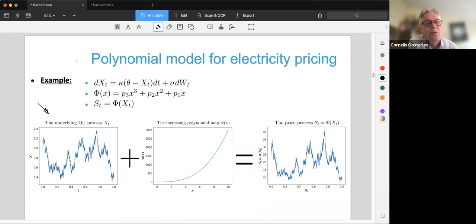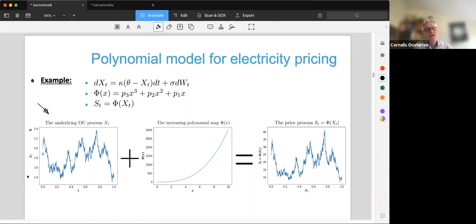So that's the original process. Then we use it inside the polynomial, p3 x to the 3 plus p2 x to the 2 plus p1 x, a third order or a second order polynomial, something like that. And the polynomial would look like this. See the scale here, the scale goes from 1.4 to 2.4.